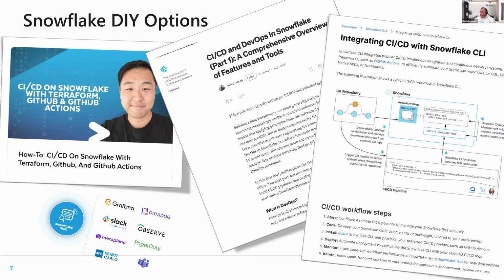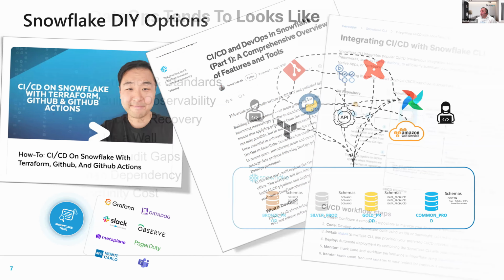You can even see there are articles on how to write certain CLI type stuff to automate some of this. But again, that becomes DIY development for data practices. And data practices want to build data solutions. They want to be doing stuff with data, not necessarily all the back end stuff, but it's a necessary thing that has to be done.